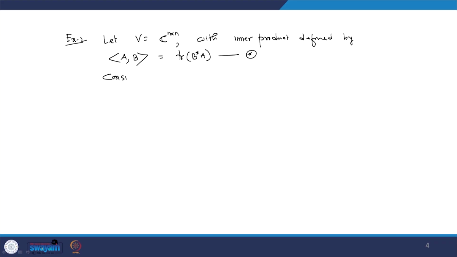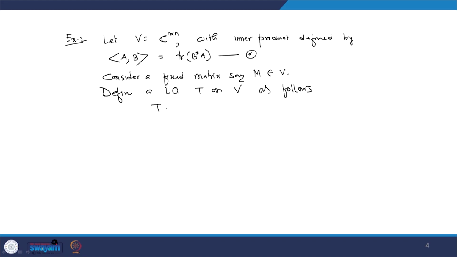Consider a fixed matrix, say capital M belonging to V, then define a linear operator as follows: T of A equals multiplying the fixed matrix M from the left-hand side, MA.